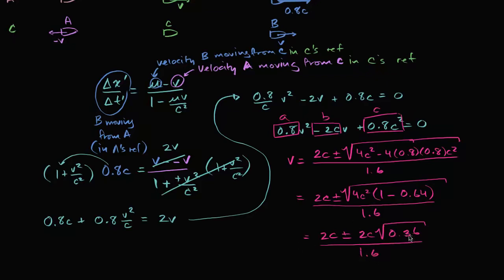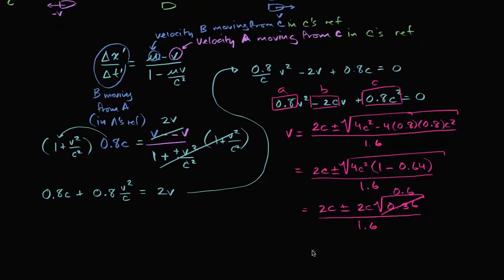The square root of 0.36, the principal root of that, is 0.6. So this is going to be equal to 2c, and I can see the end, plus or minus 2 times 0.6 is 1.2c, all of that over 1.6.